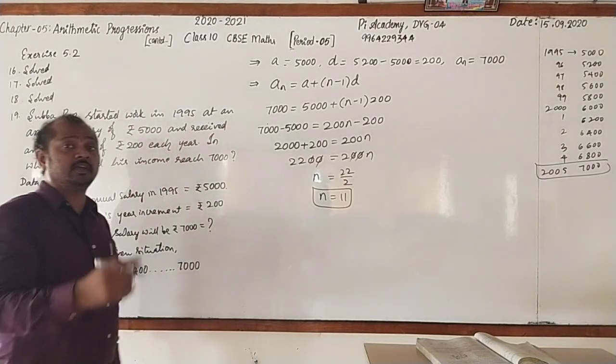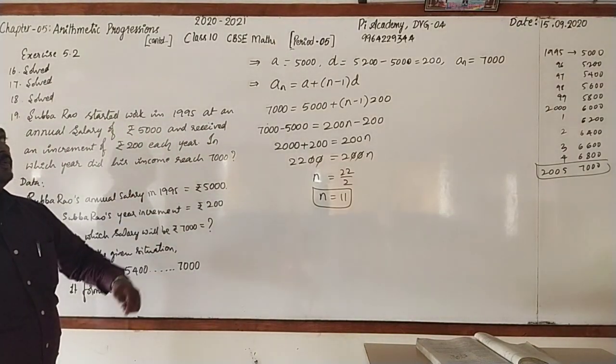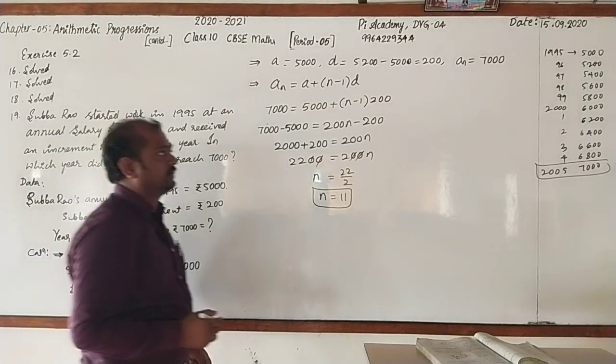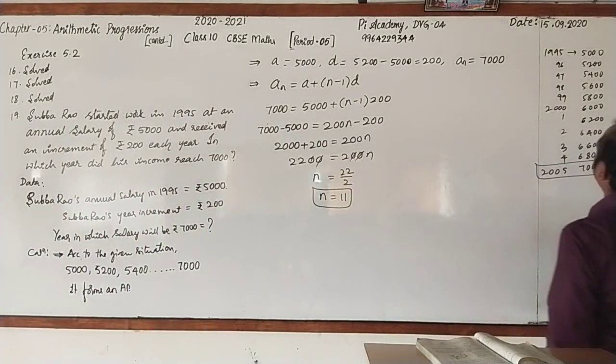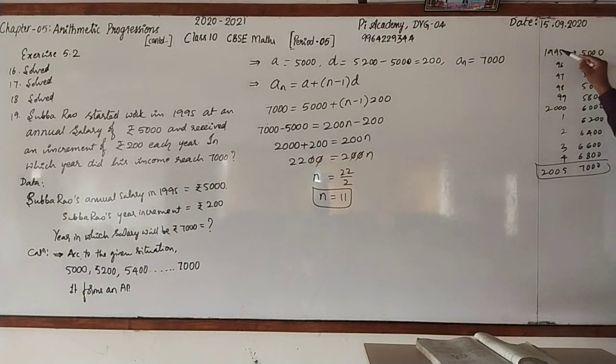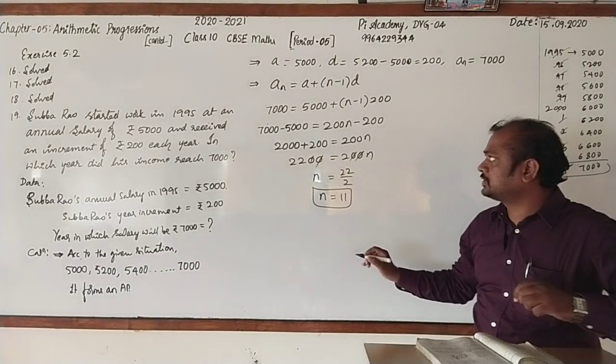So the 11th year. Which is that 11th year? You can count it. Observe: 1, 2, 3, 4, 5, 6, 7, 8, 9, 10, 11. The 11th year is 7,000. Followed?